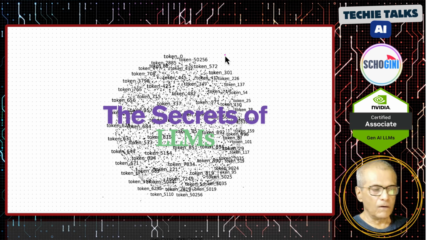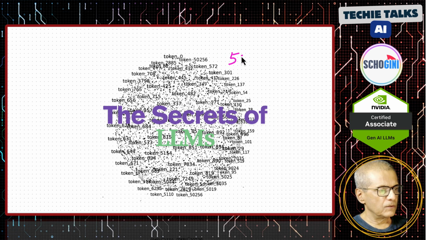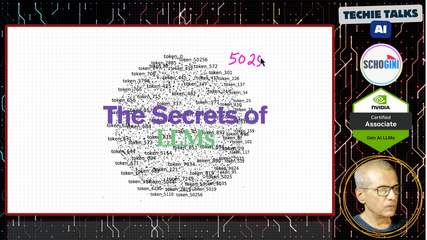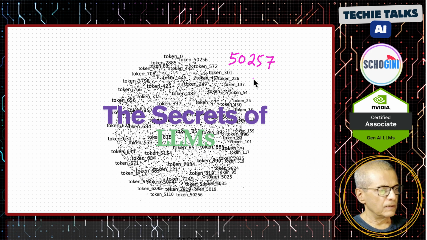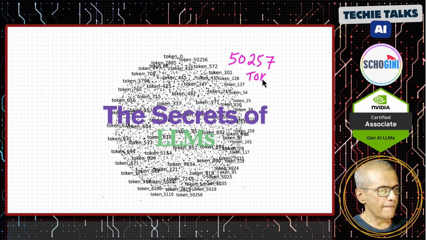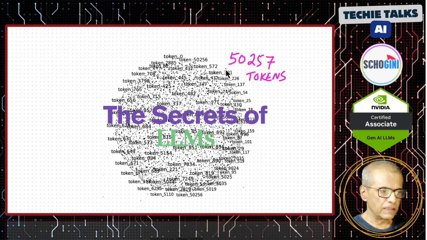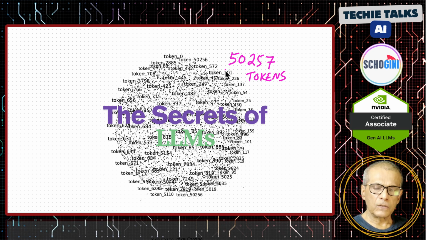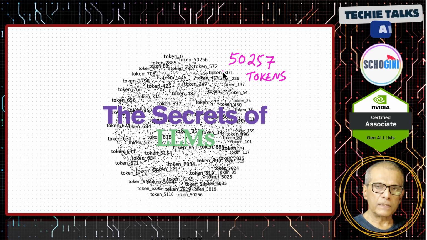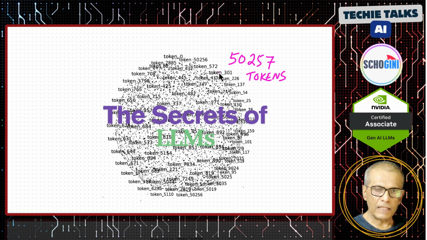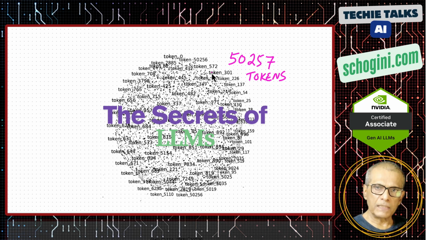But when I say all, consider it as limited to 50257 tokens. So for all practical purposes, consider a token as one unit, like one word or one alphabet, or it can even be a partial word.